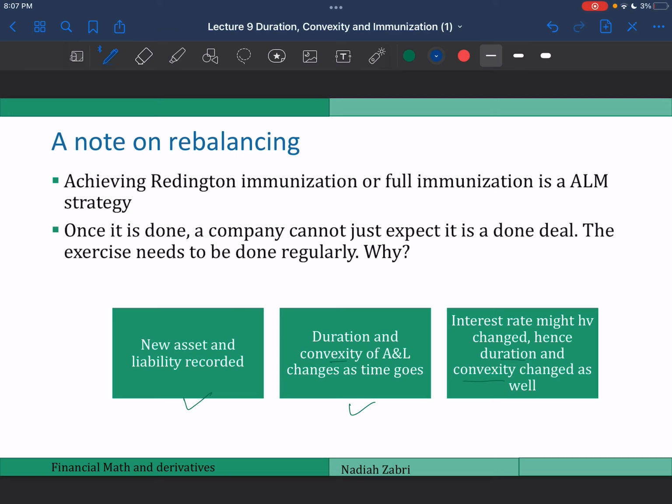Second, duration and convexity of assets and liabilities change as time goes. Next slide, I will share some of the reasons why these measures change. And third, interest rates also have changed. And as we know, duration and convexity are dependent on interest rate because we have been using v quite a lot, right?